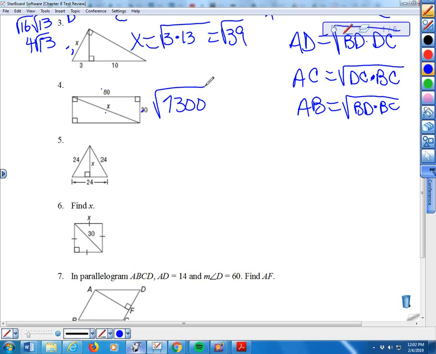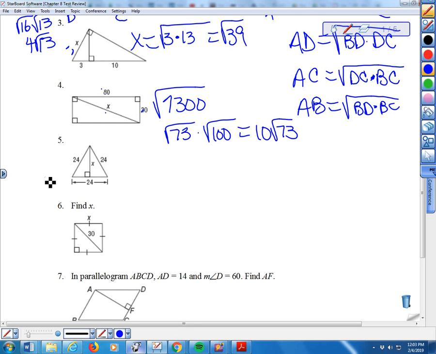What is a perfect square that goes into 7,300? The biggest one you can think of. Huh? 81. 100. And there it is. That is what x is equal to.